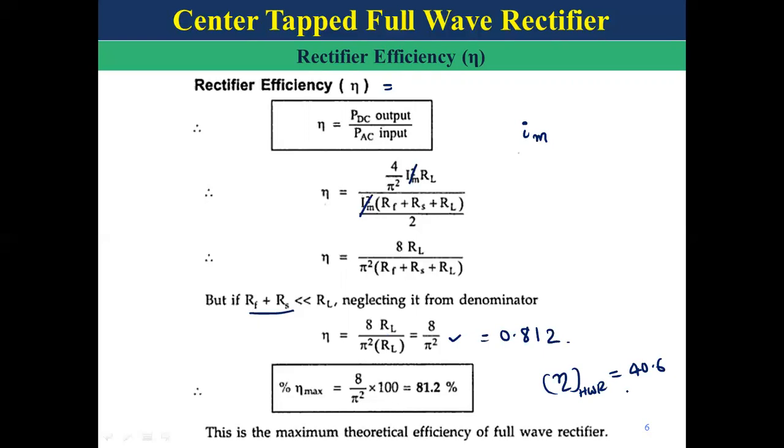In a half wave rectifier, there is no load current during the negative half cycle, whereas in the center tapped full wave rectifier, there is a load current in the negative half cycle also. That's why the efficiency is doubled. Means here in this center tapped full wave rectifier, more AC is converted into DC. So we can say 81.2 percent of AC input power is converted into DC.